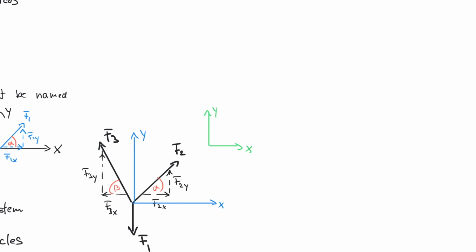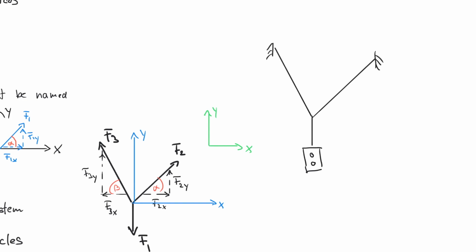So let's redraw the system as it would look in real life. This here with my 3 forces. Let's say I have a force here, and then my F2 is acting in this direction, and my F1 is going downwards. And let's say it is a traffic light that is hanging on the wall. So that would look like this.